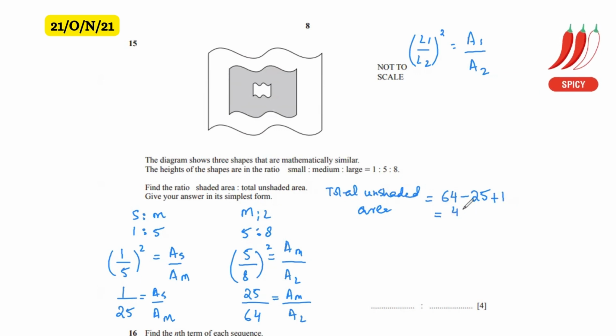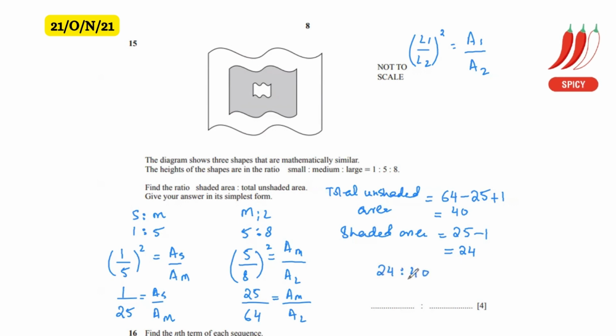That gives us 40. And shaded area we found to be, which is the medium one, so that's going to be medium minus small. So 25 minus 1, that's 24. So that's 24 is to 40.